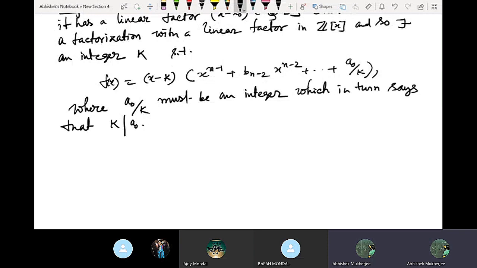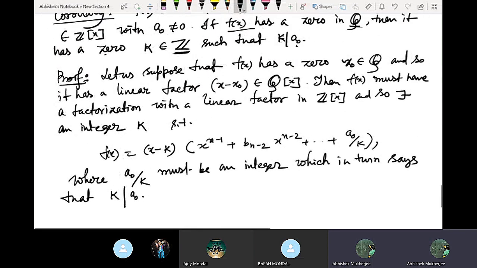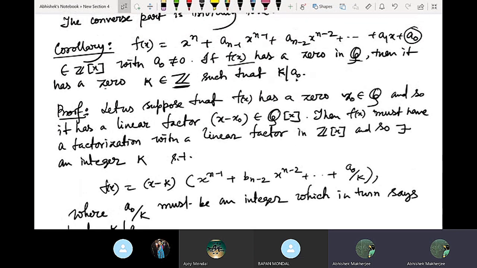Okay. So thus we have proved that if fx with leading coefficient 1 and with non-zero constant term a0 has a 0 in Q, then it must have a 0 k such that k divides the constant term a0.